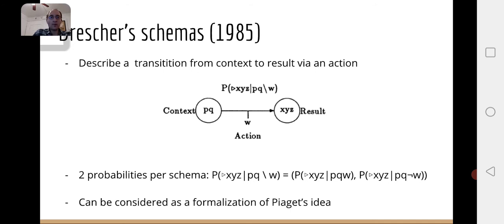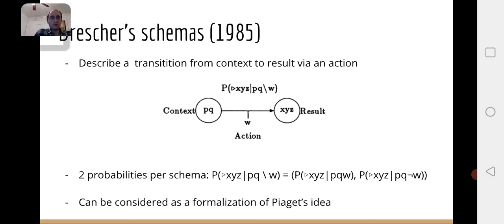Instead, there are two probabilities associated to those schemas: what is the probability to get XYZ when PQ is the case, when W is executed, and when W is not executed.